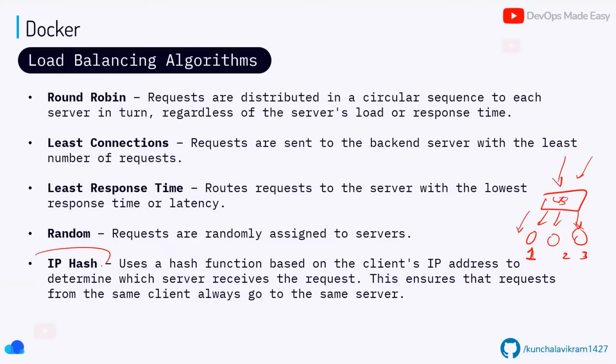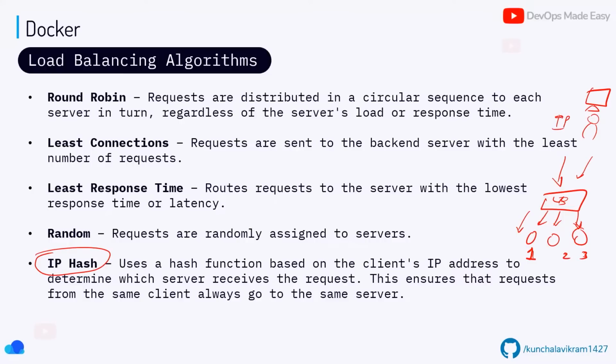IP hash. So IP hash is one feature. It is also there in Istio. You can also configure it in many ways in other services. What is IP hash? So, let's say I'm connecting from my home network. So I have a public IP address.